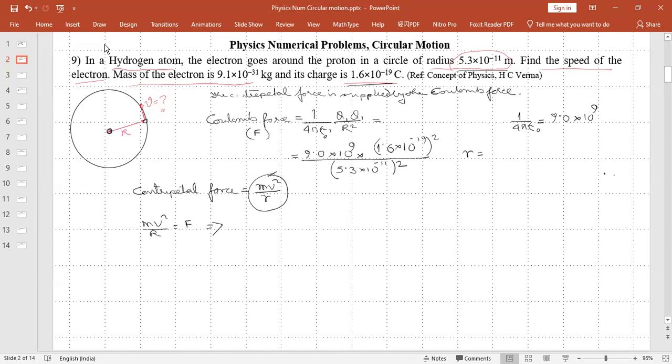From here we get V square is equal to F R by m. Now you can put the values.